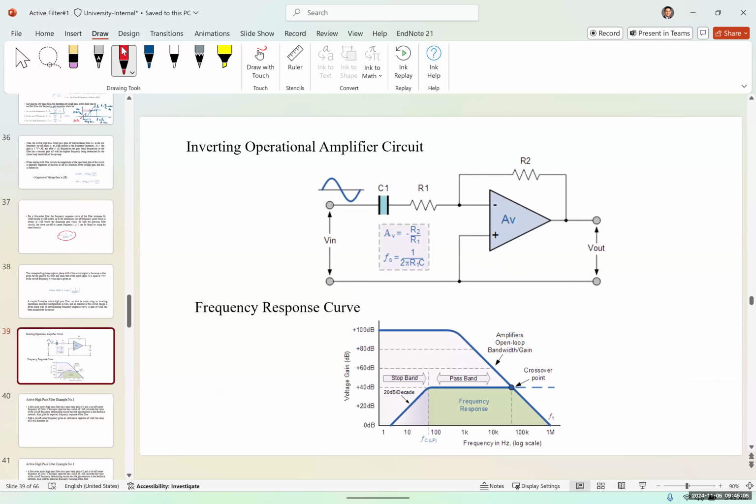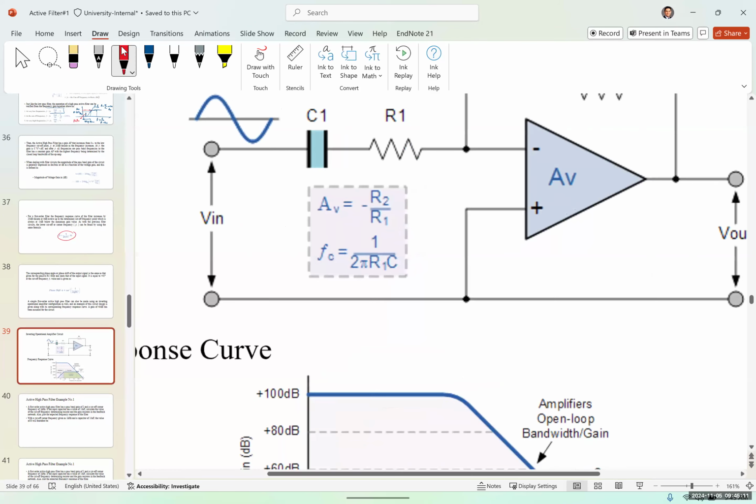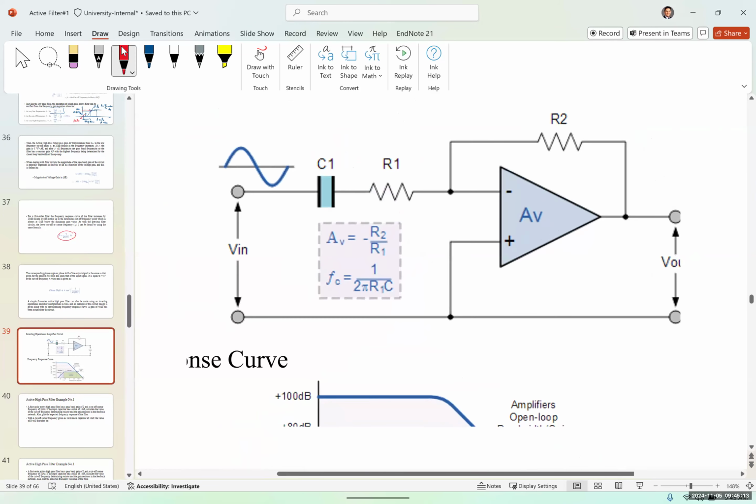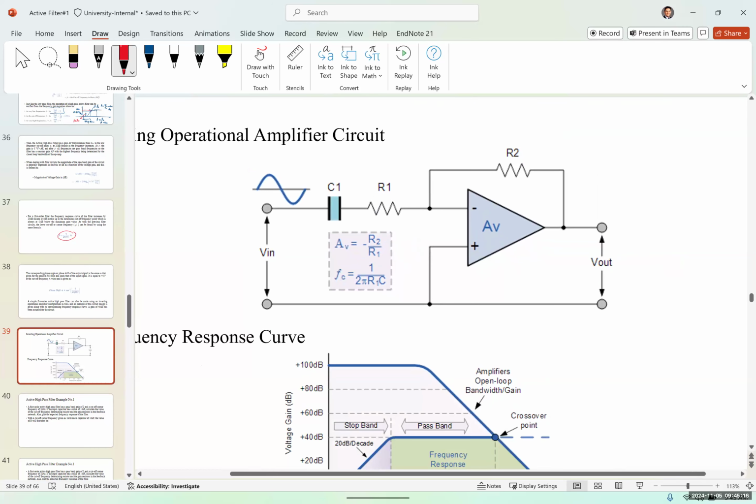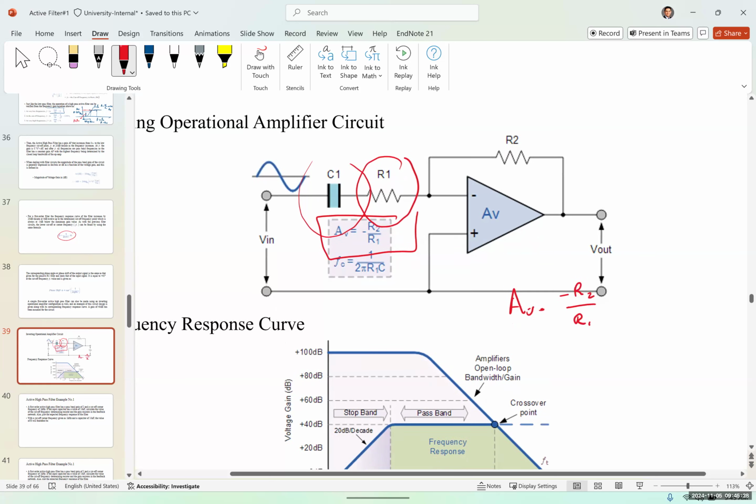And for this particular case, the cutoff frequency remains the same. It's going to be, again, 1 over 2 pi RC, R being this R1 connected to the C. And the only difference between these two is the gain. Gain here for an inverting amplifier is negative R2 over R1.